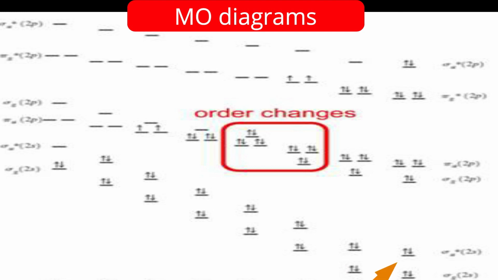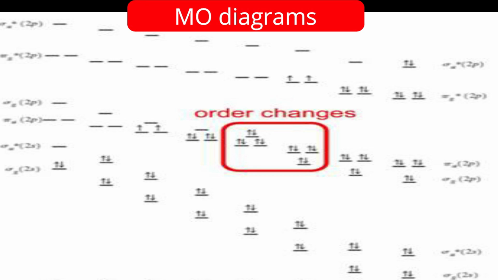That remains in continuation. If you observe the energy gap between sigma star 2s and the p orbitals, you will find that as we move from left to right, the energy level of sigma star 2s decreases, because the energy of the 2s atomic orbital decreases as we move from left to right.